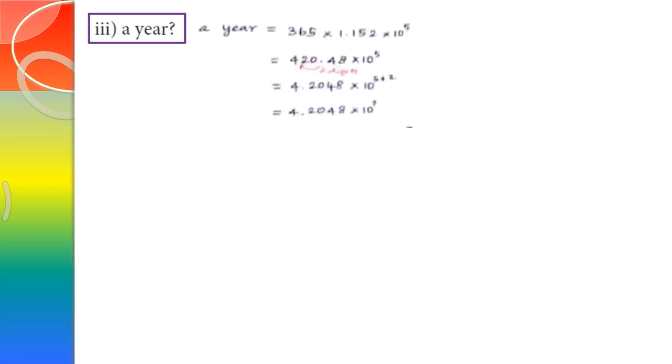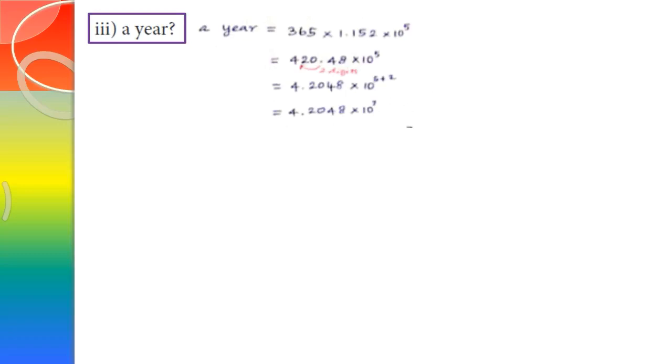A year. 1 year means 365 days. So 1 year is 365 into, already we found the answer, 1.152 into 10 power 5. In this question, 365 multiplied by 1.152, we get the answer 420.48. The decimal point moved forward by 2 digits.